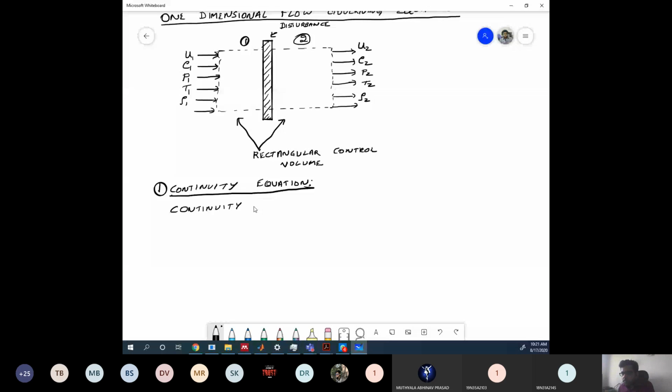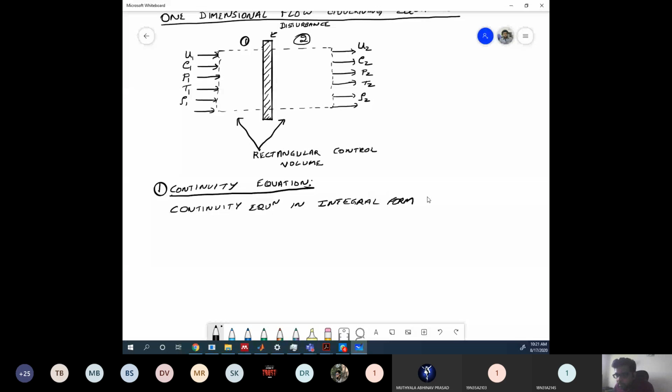You may have already learned it in the fundamentals of aerodynamics course. The time rate of change of mass inside the control volume will be equal to the net mass flow.